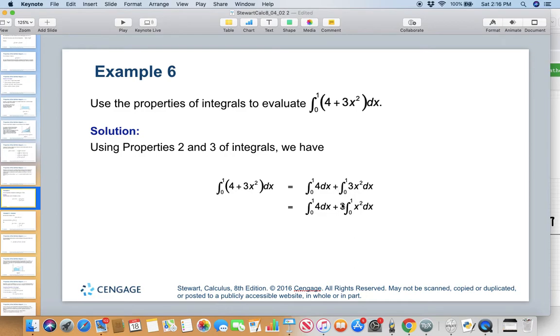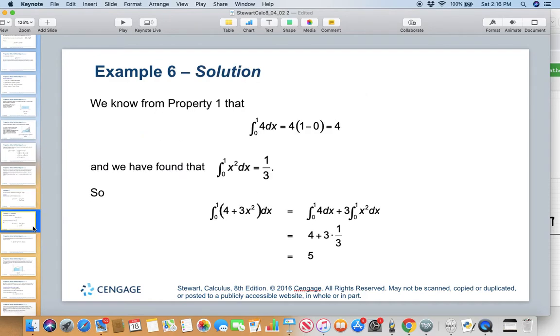So get that constant out. Integral of x squared from 0 to 1. You can use your limit definition and figure out it is going to be 1/3. So that is 1/3 there, times 3 here, plus 4, which gives 5.